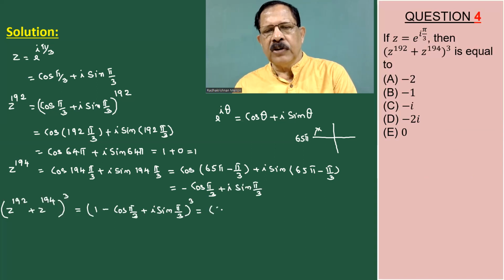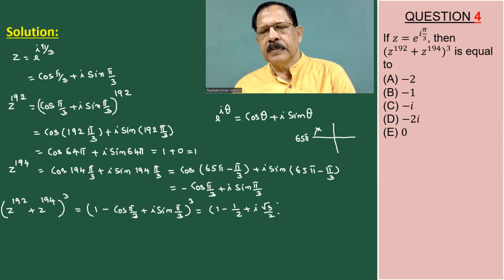Now you know the value of cos pi by 3. Cos pi by 3 is cos 60, that is 1 by 2, and sin pi by 3 is root 3 by 2. The whole cube. So 1 minus 1 by 2 is 1 by 2, plus i into root 3 by 2, the whole cube.